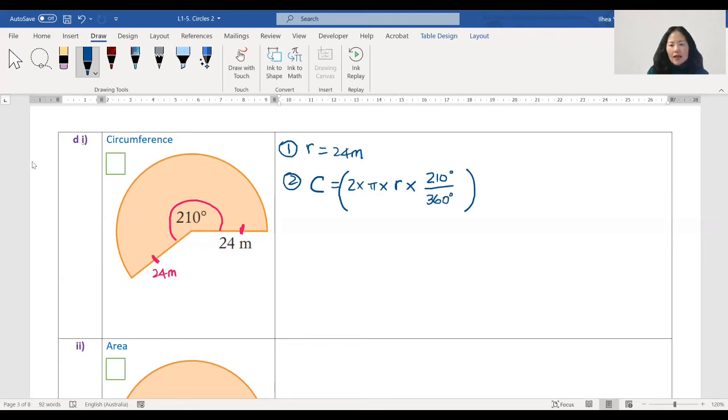So I need to add my radius. Now guys, just for your interest, instead of going around this plussing 2 radius, you could just plus 1d if you want to, which is double the radius. 2 times 24 equals 48. If you want to do that, you can, but then you have to calculate the diameter.